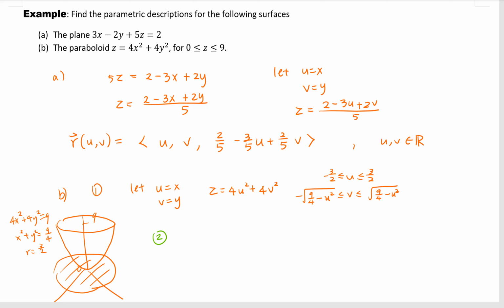Okay, so let's see here. If we express x squared plus y squared for our paraboloid, we get z over 4, right? Then in polar coordinates, this should be r squared. So r is the square root of z over 4, which is square root of z over 2, right? And x equals r cosine theta and y equals r sine theta.